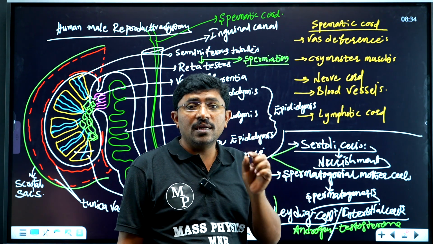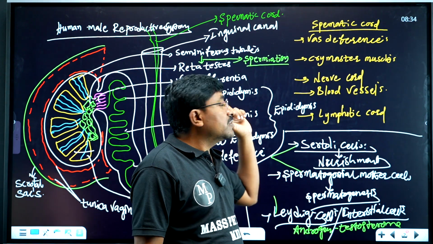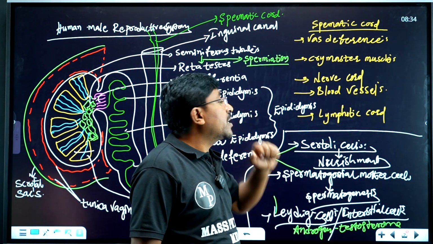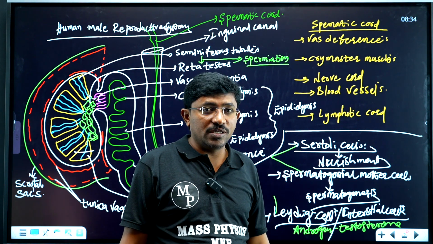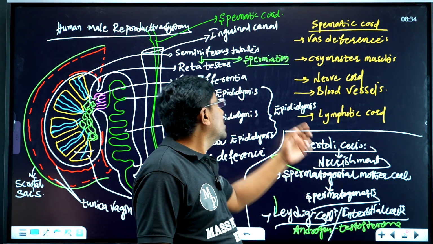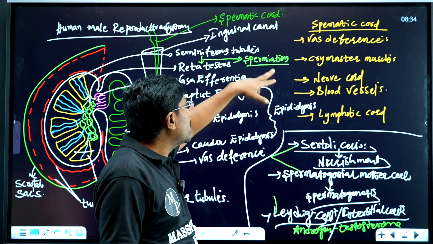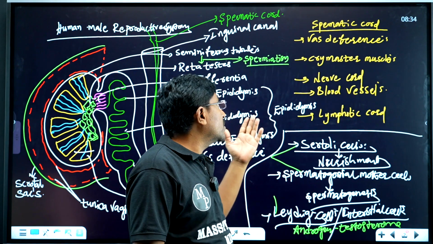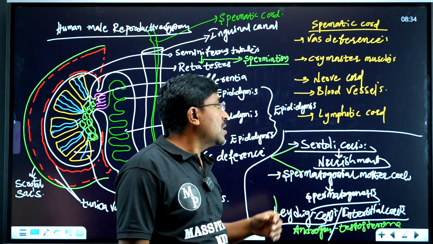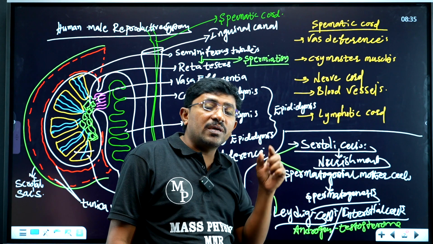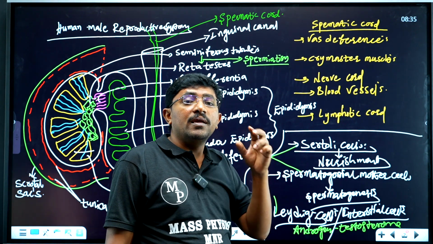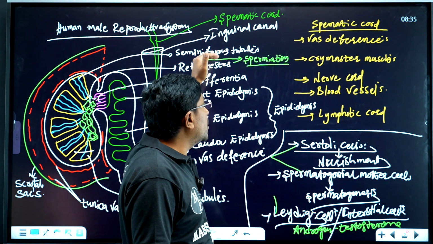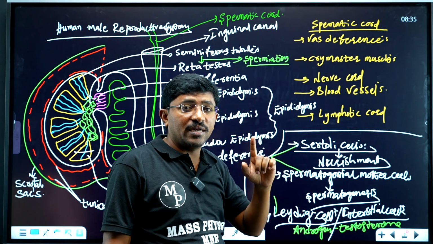Especially in the 2021 NEET exam, one question was on spermiation and spermiogenesis, given as a true or false statement. Statement 1: spermiation is the process of movement of sperms from the seminiferous tubule into the next accessory ducts. That is right.